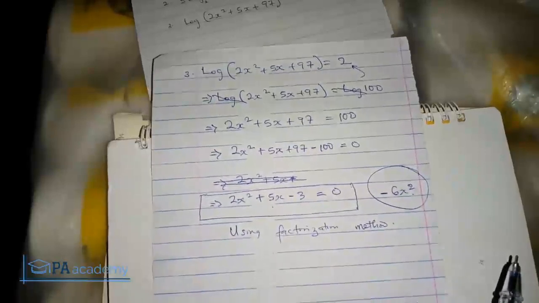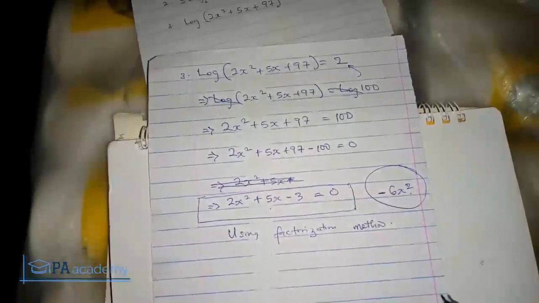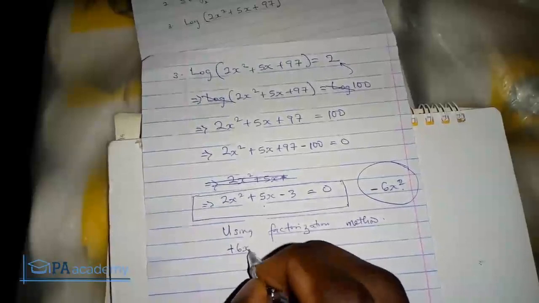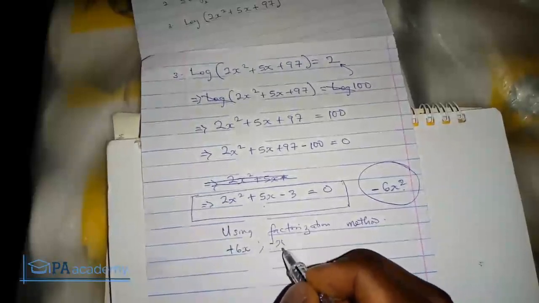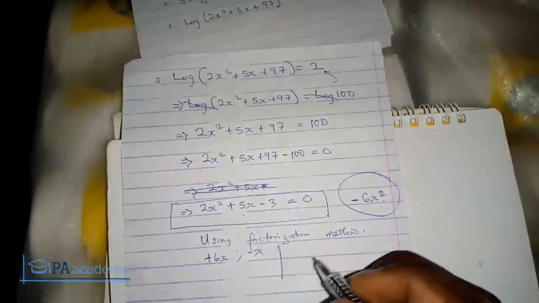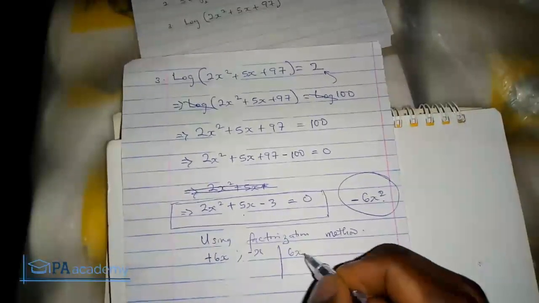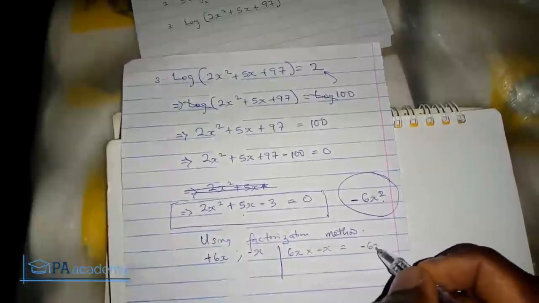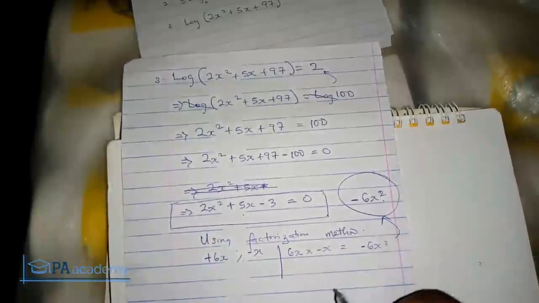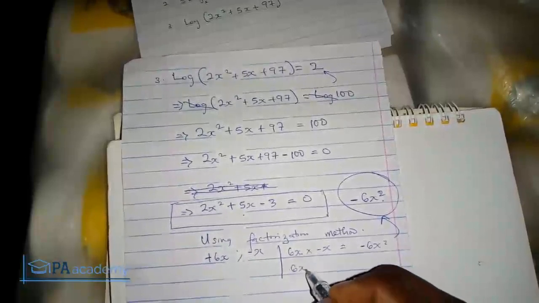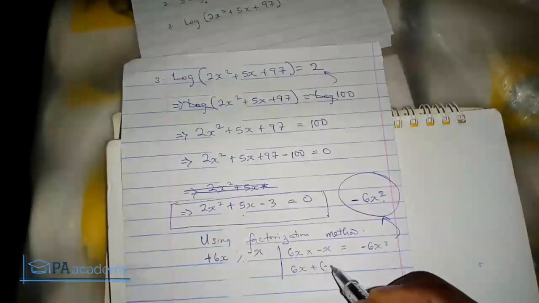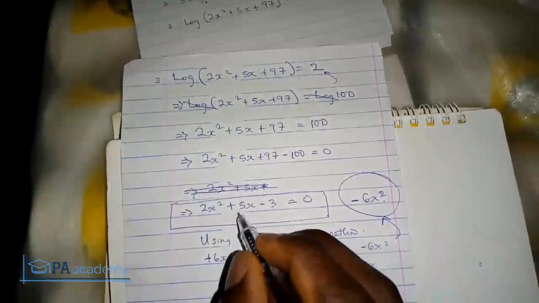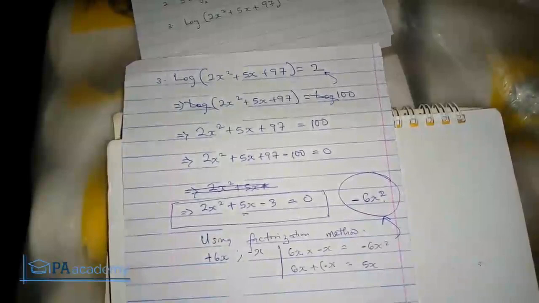Those two numbers are plus 6x and minus x. Look at it. 6x multiplied by minus x gives us minus 6x squared, and if we add 6x plus minus x, that will give us 5x. So that is how to apply the factorization method.